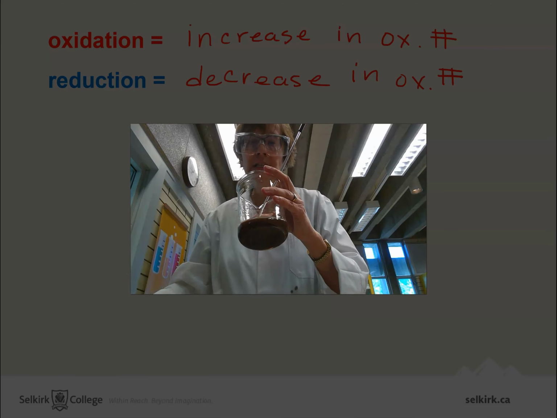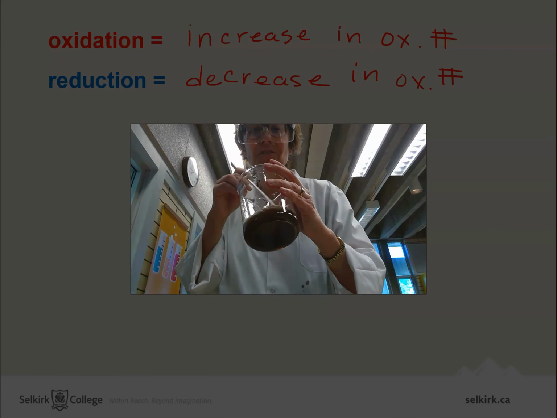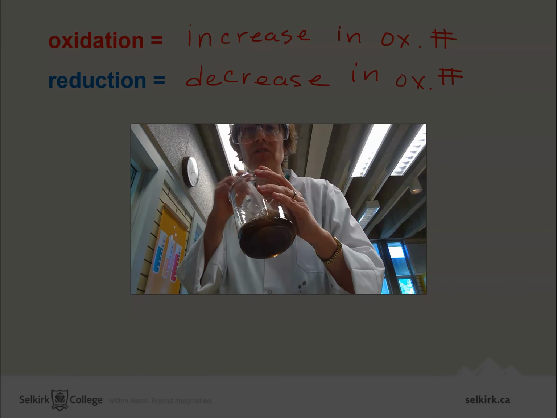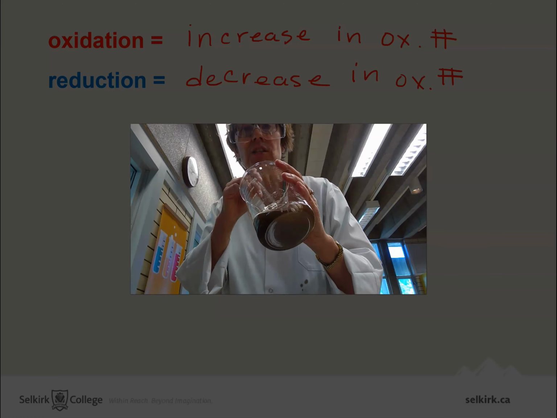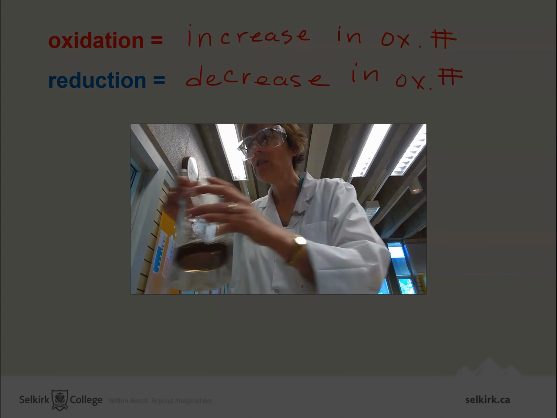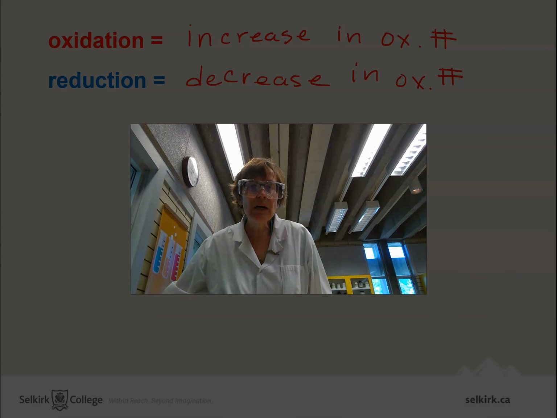If you've ever worked in the lab with potassium permanganate solution, that brown sludge gets all over your fingers. You go home with brown fingers. So again, a fourth oxidation state of manganese that shows the charge really matters. Now we'll come back and look at the equations.